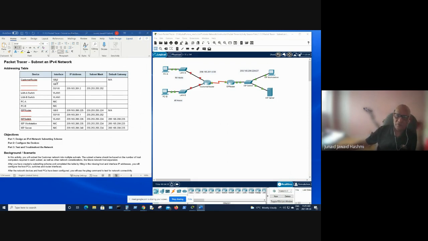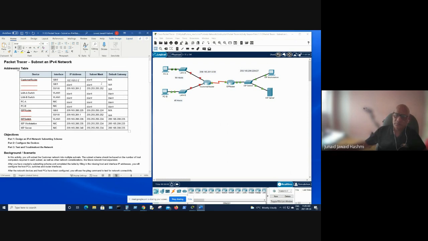So the first network is 192.168.0.0. What would be the first host ID from that network? 192.168.0.1.